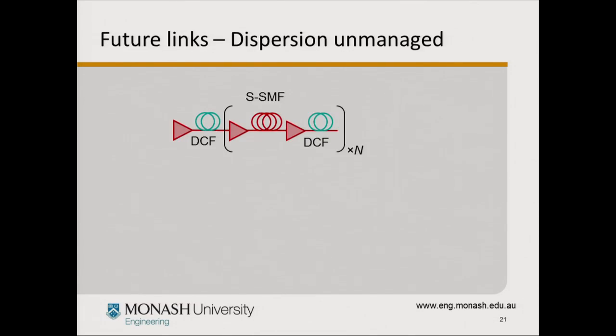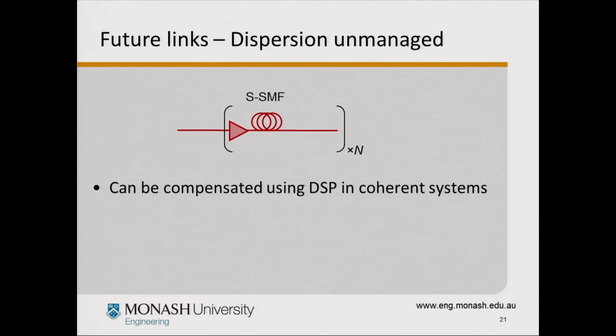Now, because we can compensate for chromatic dispersion with digital techniques these days, often people are proposing to remove all of the DCF, and to compensate for chromatic dispersion using digital signal processing.